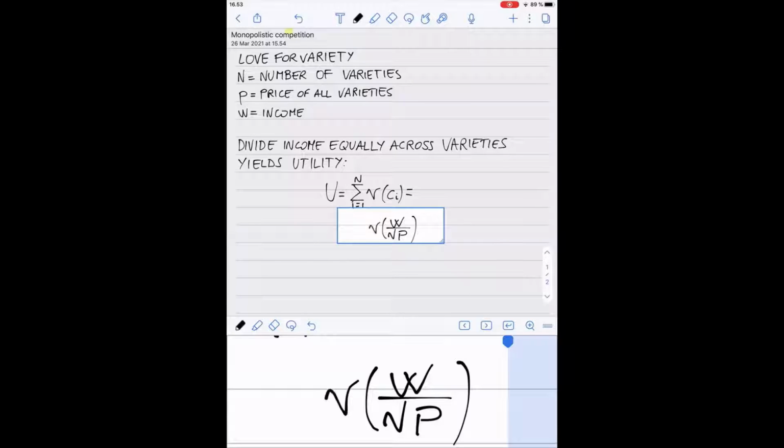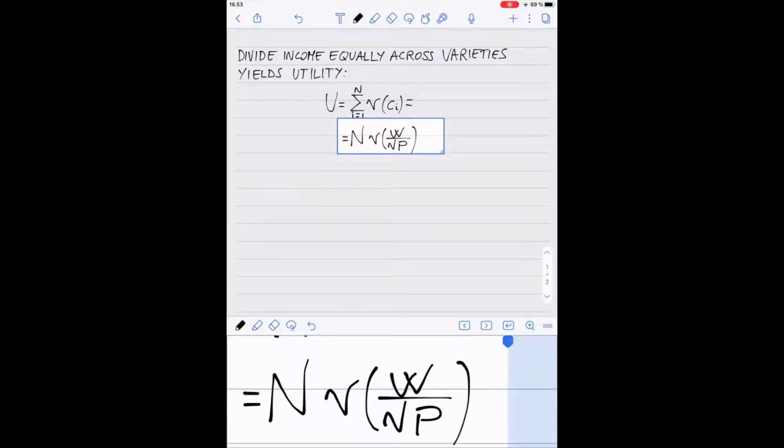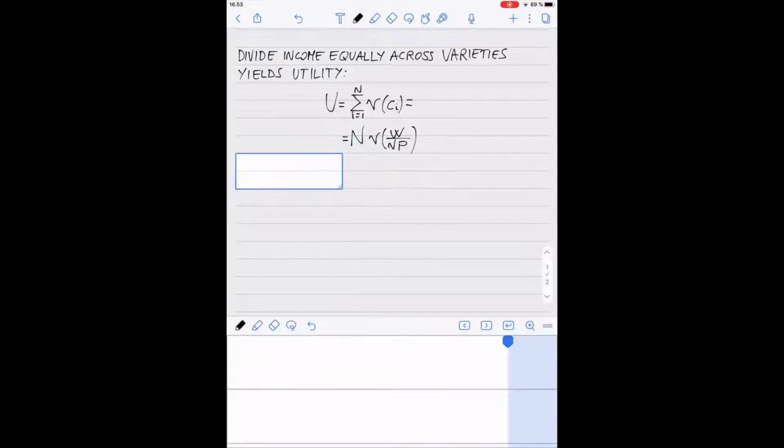You evaluate it with V, and this is the same for all the varieties, and so what you have is capital N that multiplies that term. Okay, so this is one option. What is the other option? The other option is to spend all of your money on one variety only.